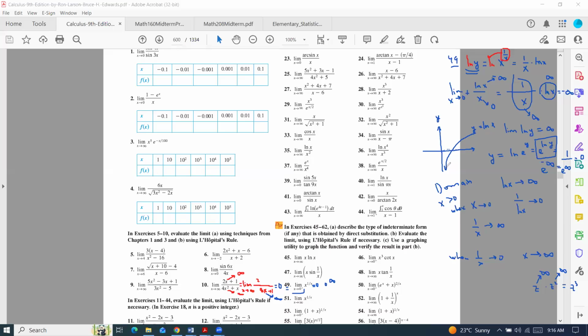So the result was negative infinity for the 1 over, and for the logarithm, 1 over gives you infinity, and infinity times negative infinity was negative infinity. So e to the power of negative infinity is going to be approaching 1 over big, small, to 0.